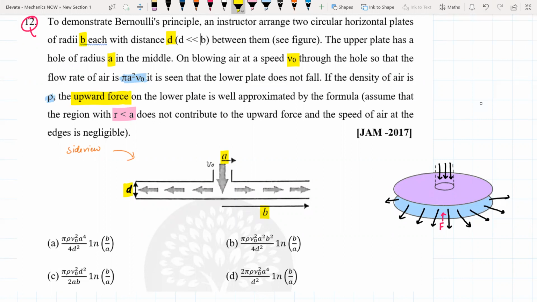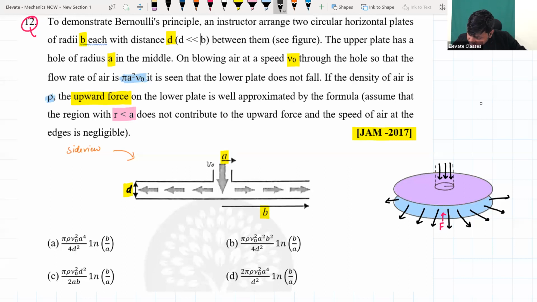Yes, sir. Okay, please try. This came in JAM 2007, question 17. The radius of this is a. The radius of this is b. So you're not supposed to consider this region.